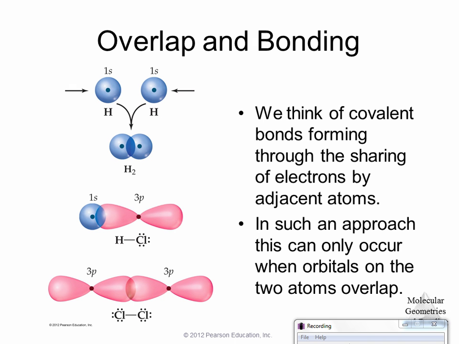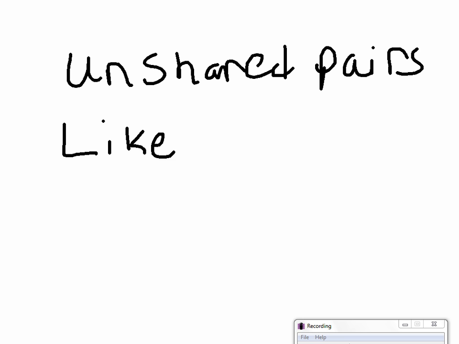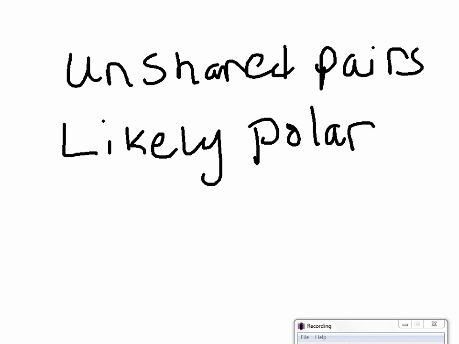Now, one thing to think about just kind of in generalities, if you have unshared pairs, it is likely polar. Unshared pairs, likely polar.